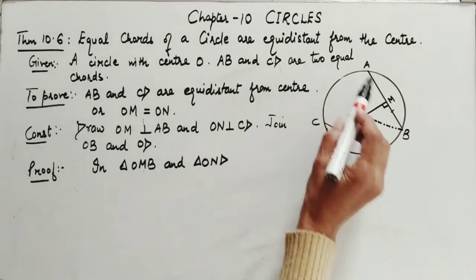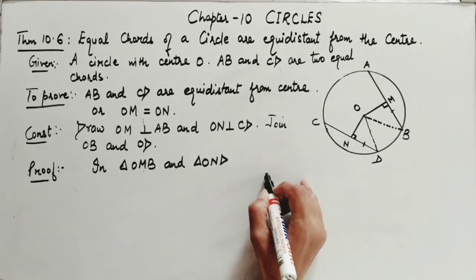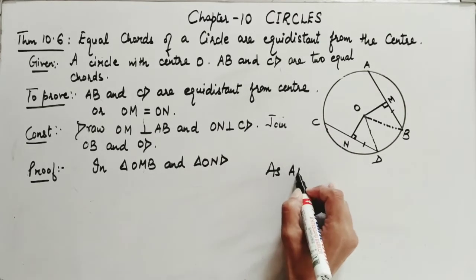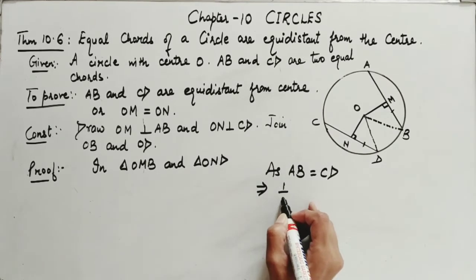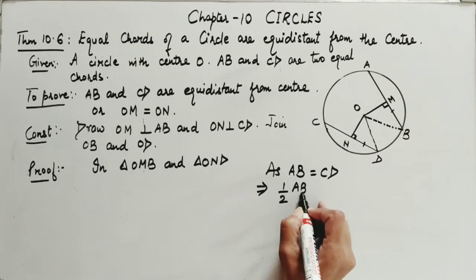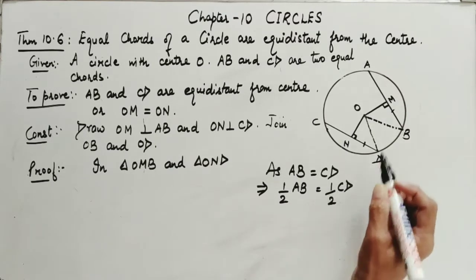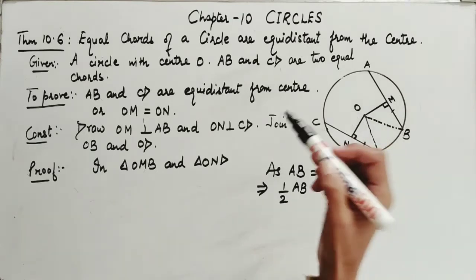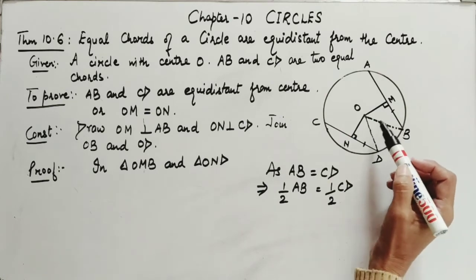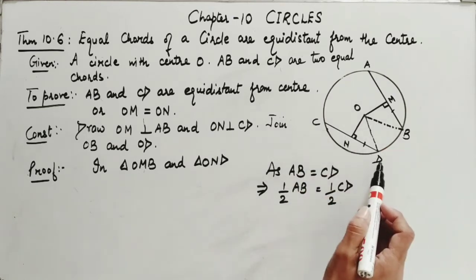First of all, AB is equal to CD, that implies half of AB must be equal to half of CD. Reason for this, because from center perpendiculars were drawn, and in the previous theorems 10.3 and 10.4 we did this concept that when a perpendicular from the center to a chord is drawn, it bisects the chord.